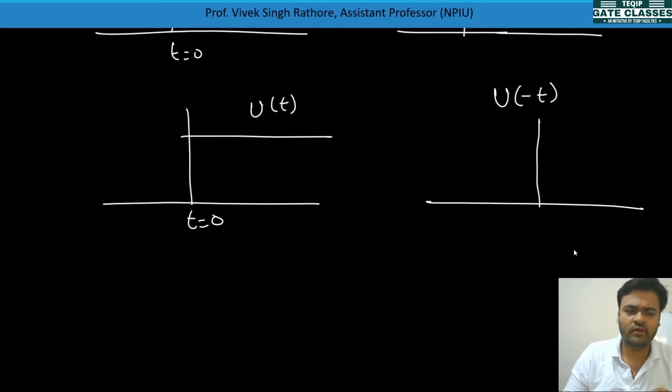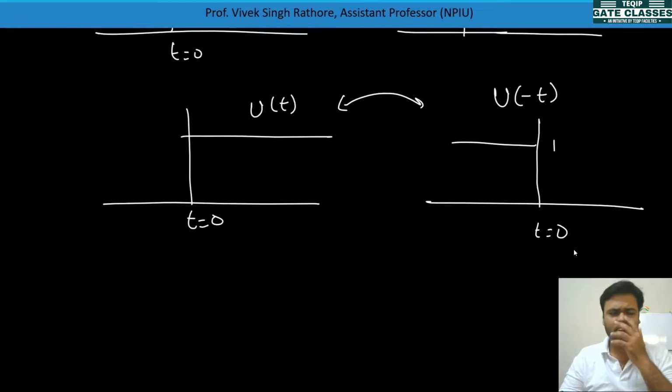So here it becomes a mirrored signal, with value 1 for t less than 0. You can see the change in time reversal. There is an absolute change, no problem with that.